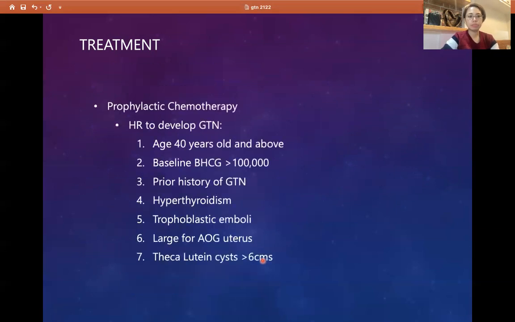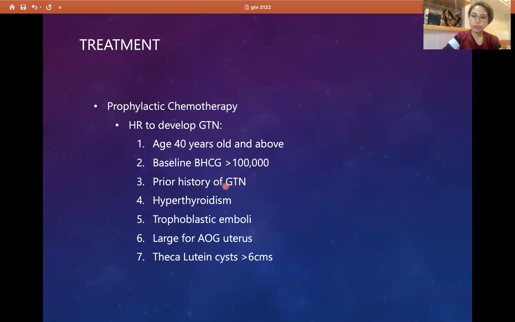So who are then the patients who are high risk to develop GTN, or gestational trophoblastic neoplasia, from a molar pregnancy? Number 1, again, the age is very important. You remember the age, 40 years old. Baseline beta HCG, more than 100,000.